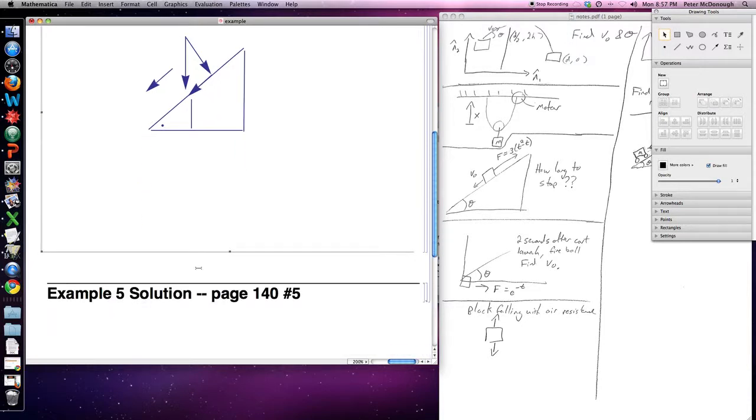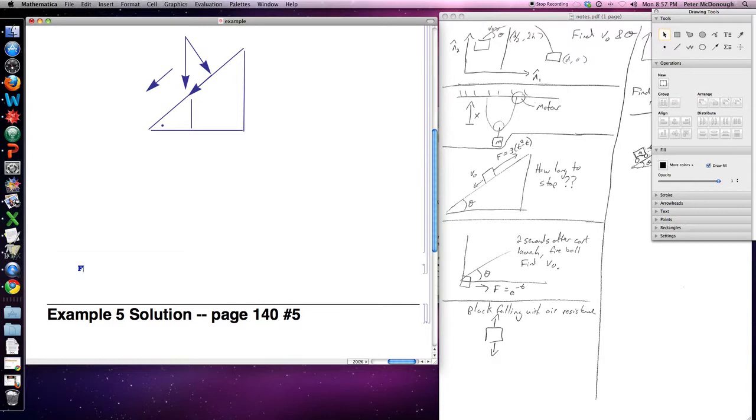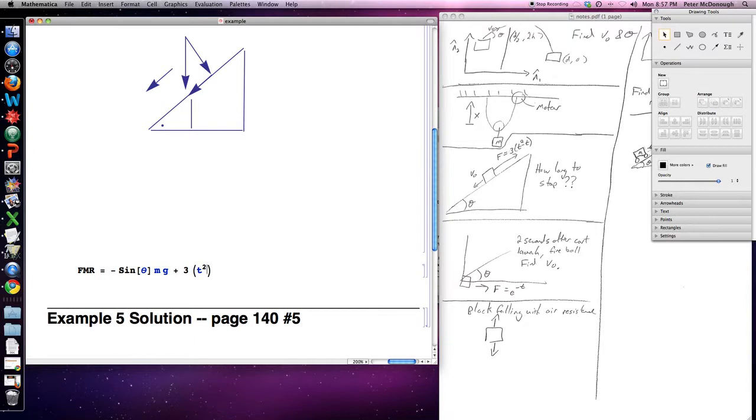Therefore, my force motion relationship for this block is minus sine theta mg, where negative is going down the ramp, plus the force that I'm applying, 3t squared minus t, and this is going to be equal to the mass of my block times x double dot of t.